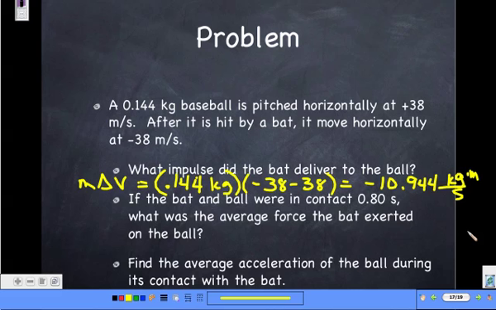If the ball and bat were in contact for 0.8 seconds, what's the average force that the bat exerted on the ball? So now we have to divide by the change in time. So now we know this is our impulse. We can take that as equal to force times the time. And we know the time, so let's change that to 0.8.